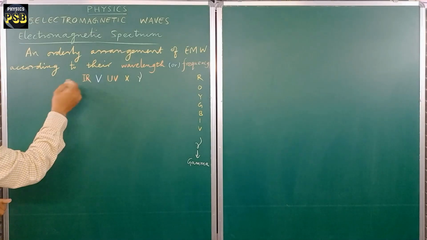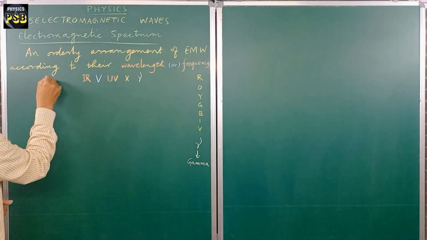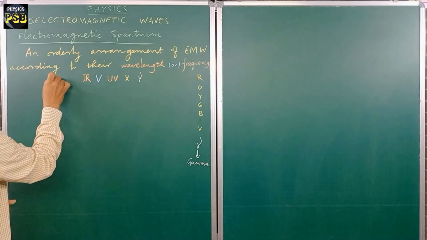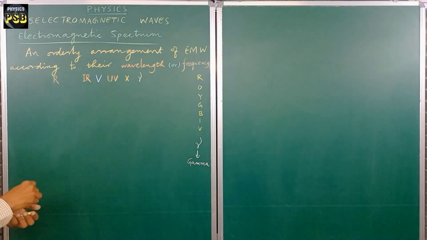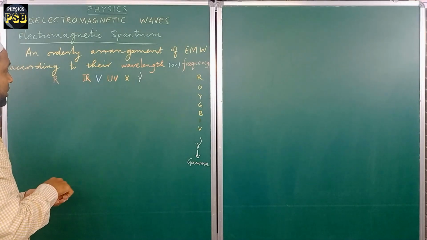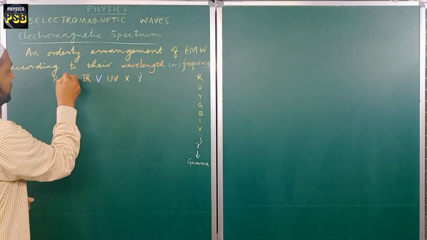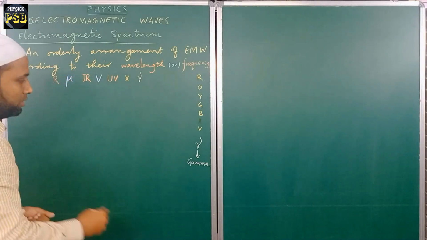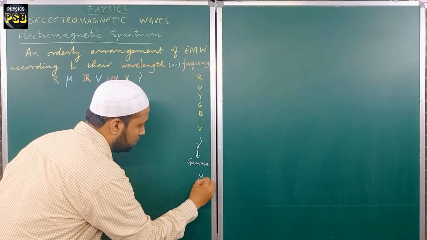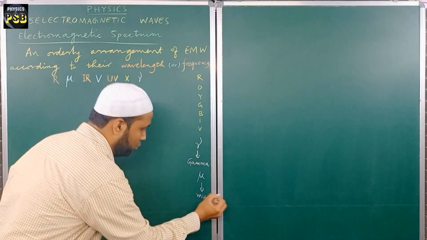First one is radio waves. Radio waves is R. Then what comes next to this one is microwaves, mu. This symbol is named mu.